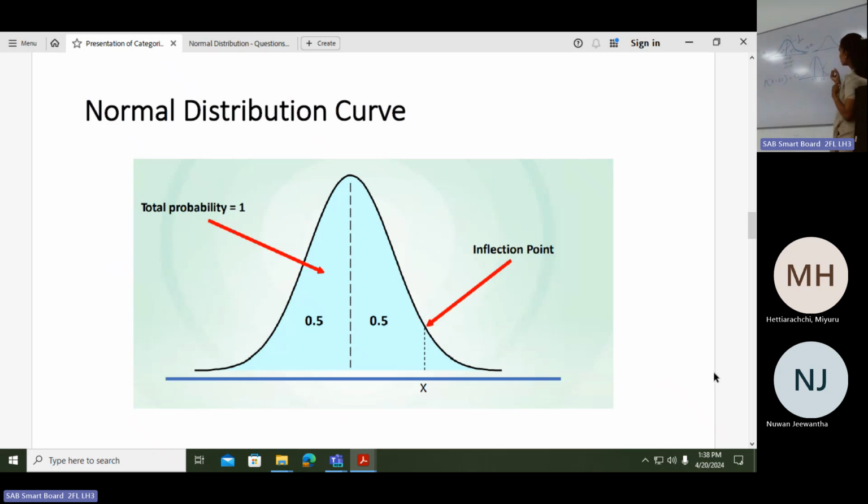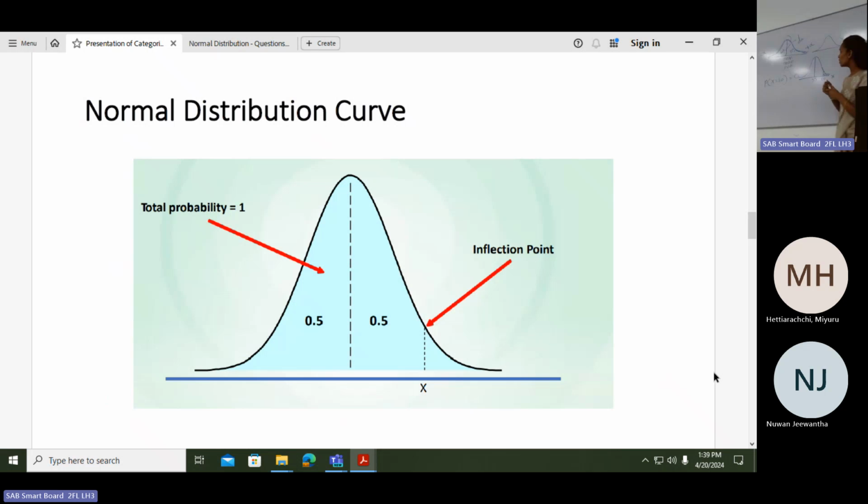But we can calculate the probability value for ranges. X represents the weight. We want to identify the probability that the weight is more than 60. More than 60 means this area. Then we calculate the probability. But we cannot calculate the probability when x equals 60.